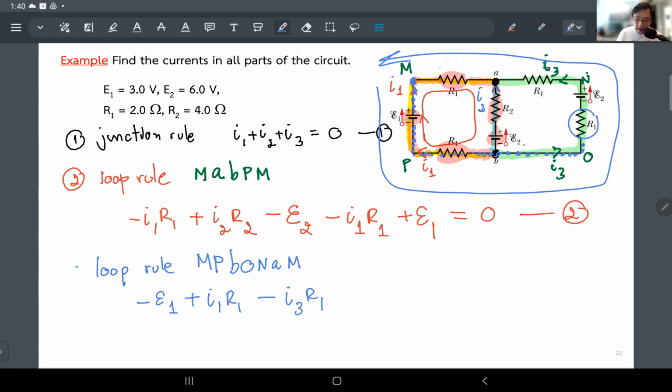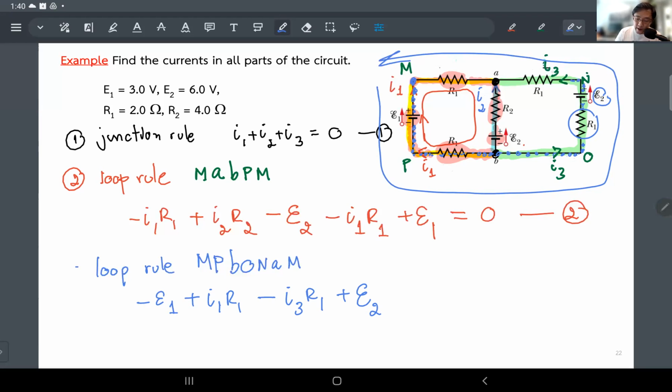With me? Okay, keep going. I hit the negative end of the battery, so I'm about to go to the positive end of the battery. So I'm going uphill because the battery will pump me up. It's going to pump up with the potential difference of E2 right there. Keep going.